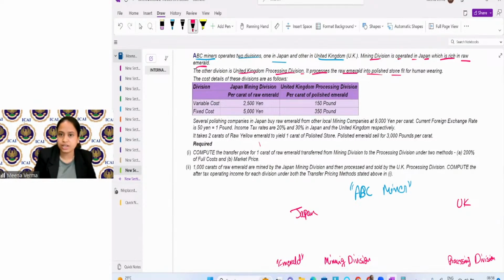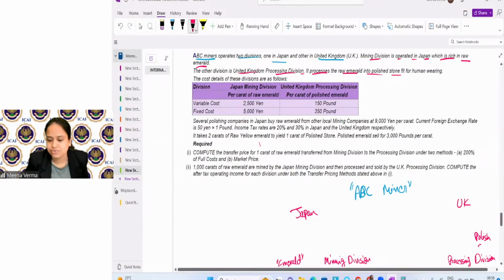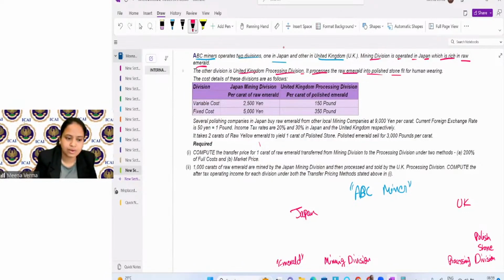So they are converting the emerald into what? Polished stone. So polished stone is the final good we have. Fit for human wearing. This is good for human wearing.